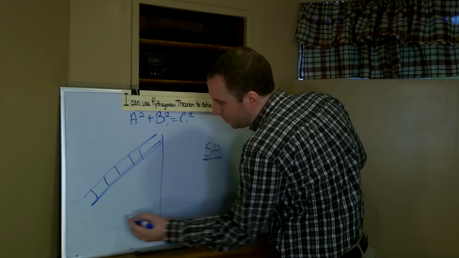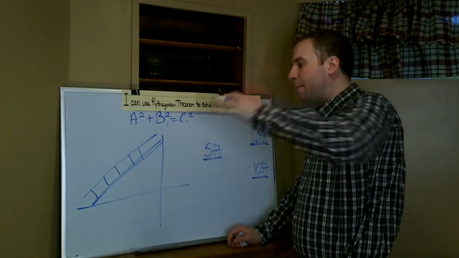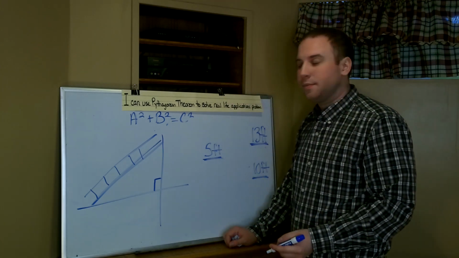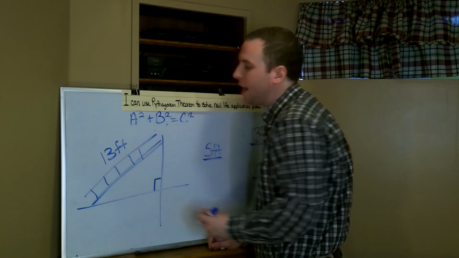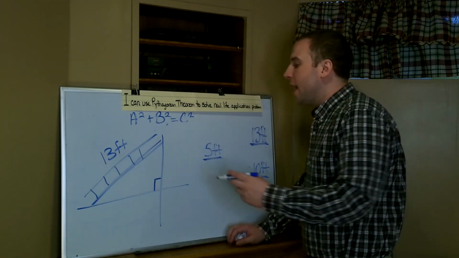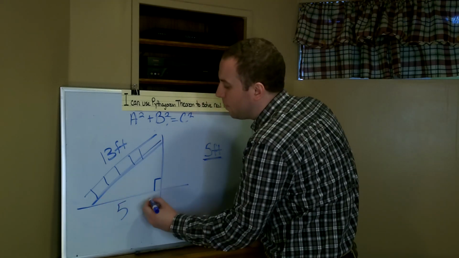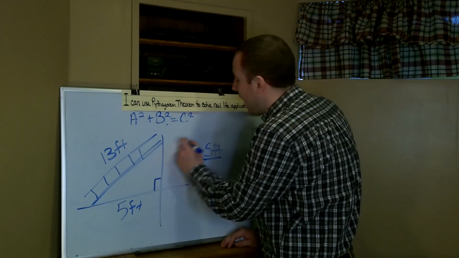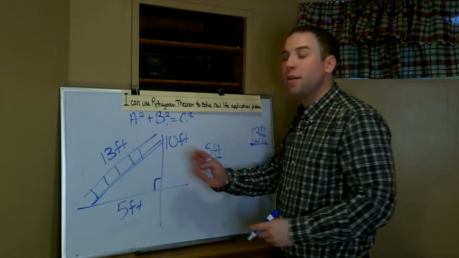So let's say this is my building. And I lean the ladder up to the building. What this does is it creates for me a right triangle. So we know that our ladder is 13 feet. That can be our hypotenuse. And we know that in doing so, we get the distance from the ladder to the building is 5 feet. That could be one of our legs. And we have a poster which is 10 feet high in the ground. That could be another leg.